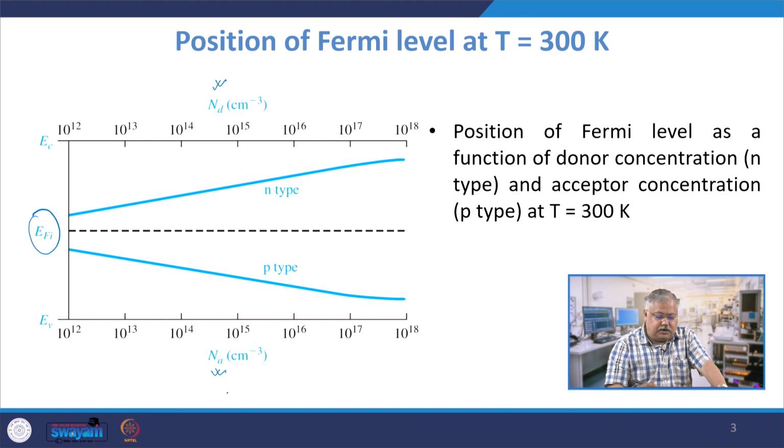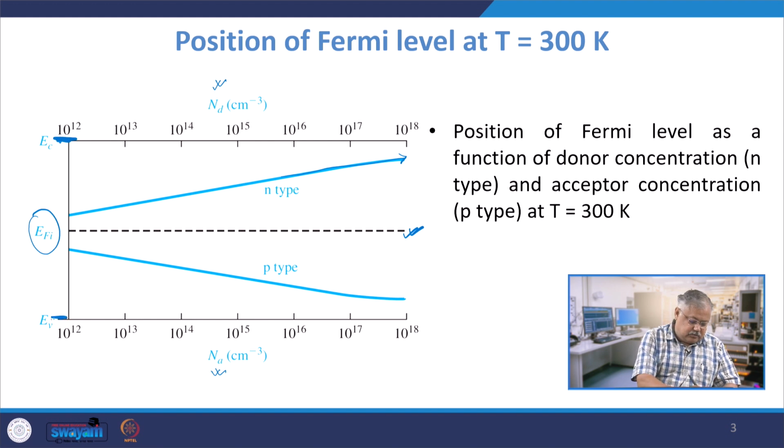It has been seen that if you make your dopant concentration almost equal to the intrinsic carrier concentration, the blue line will converge with the dashed line here. And as the number of dopant ions becomes larger and larger, the Fermi level starts to move near the conduction band edge. This is my conduction band edge, and this is my valence band edge here.